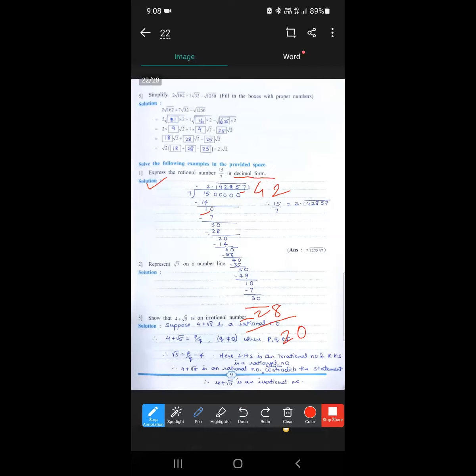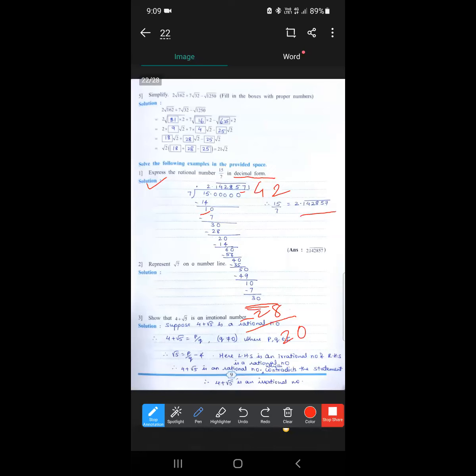So here, till 30 I have stopped, because after 30 again I will get 4, again 2, then 8, then 5, then 7. Again it will be 1, 4, 2. That means these digits are repeating, these digits are recurring.